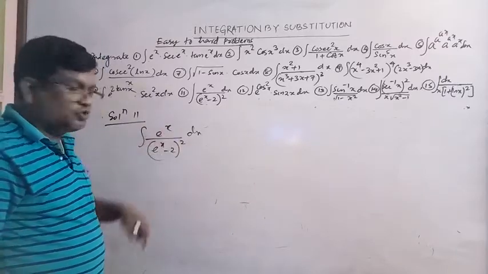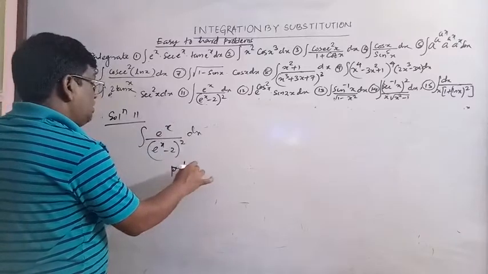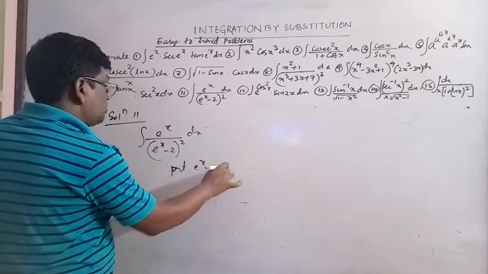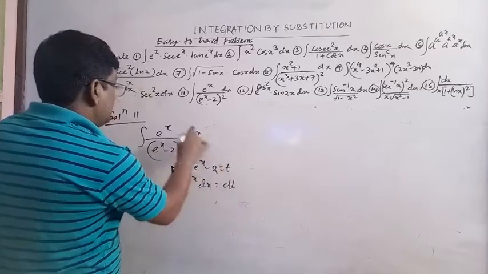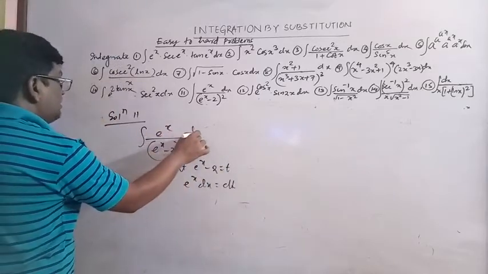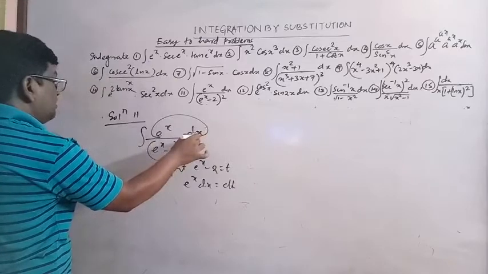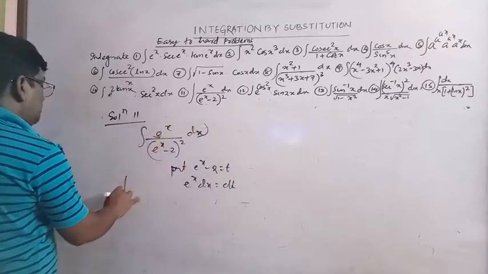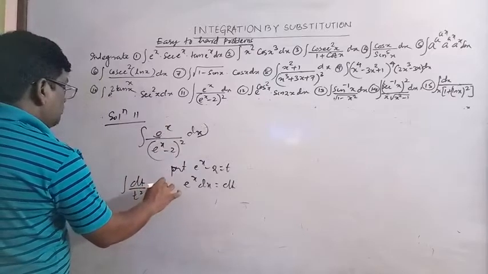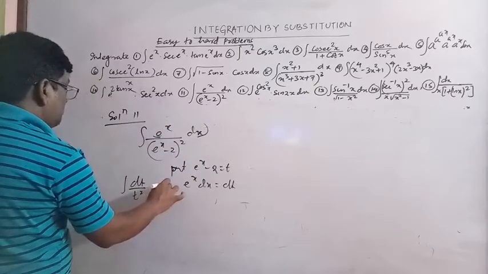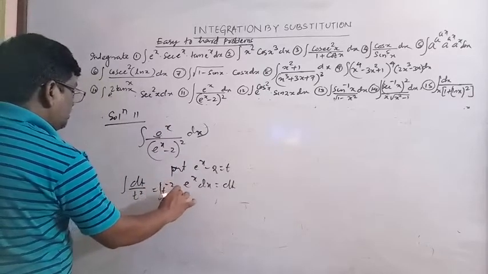So put e to the x minus 2 equal to t. Then e to the x dx is equal to dt. So this is dt by t square, that is equal to t to the power minus 2 dt.